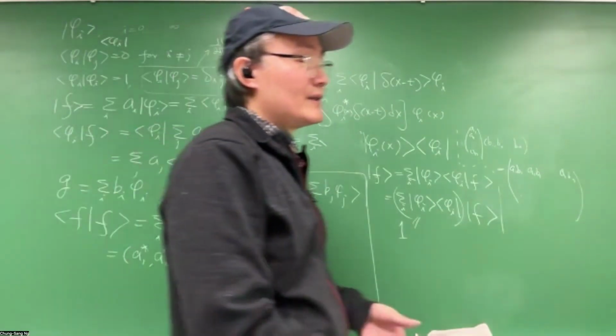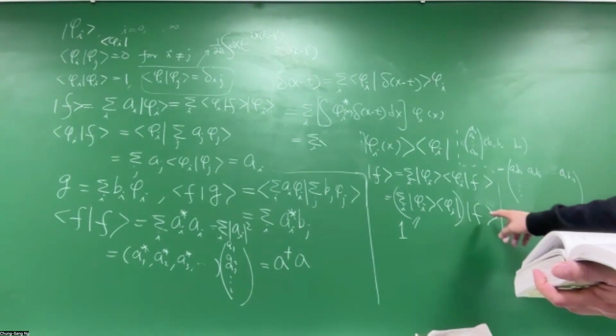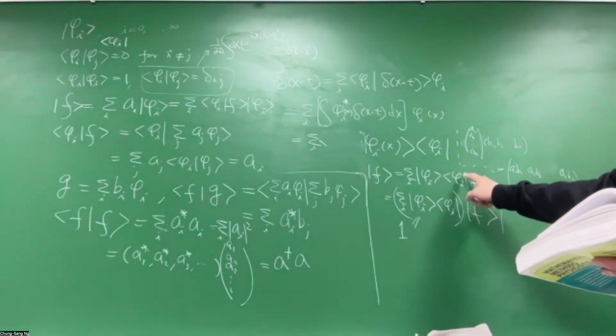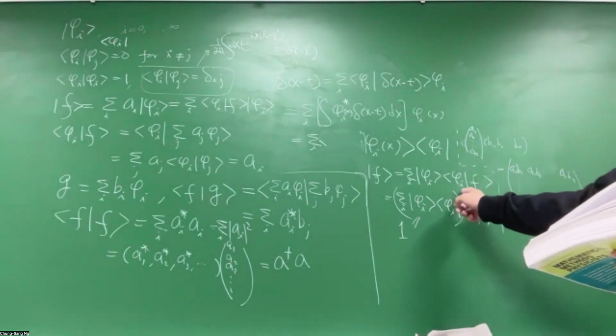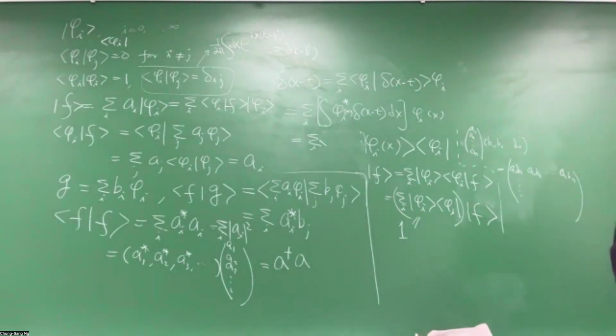The Dirac notation is a little bit of an abuse of notation because it's tricky. This is originally just a number, and then you separate it out into this object. The language is a little confusing.